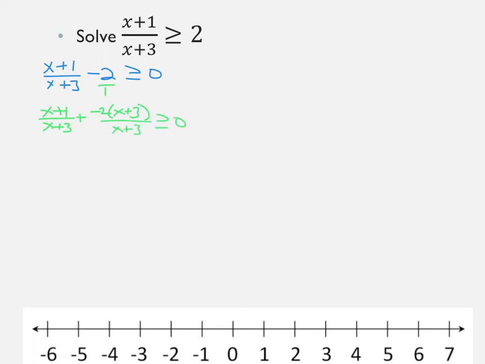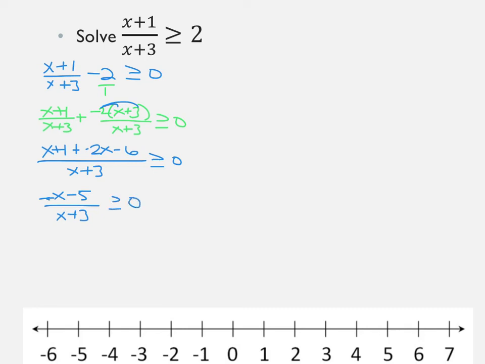And then just like you did in Algebra 2, you're able to write this as one fraction. And I'm going to distribute in the same step. Okay, so x plus 1 plus -2x minus 6 all over x plus 3 is greater than or equal to 0, or -x minus 5 over x plus 3 is greater than or equal to 0.